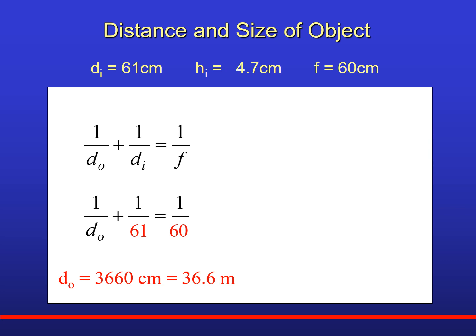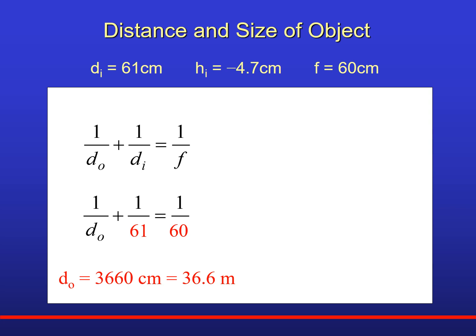Well, it's not convenient to talk about 3,000 centimeters. 100 centimeters is a meter. Therefore, we divide by 100. That tree is 36.6 meters from the mirror. 36.6 meters, something of the order of 100 feet away.